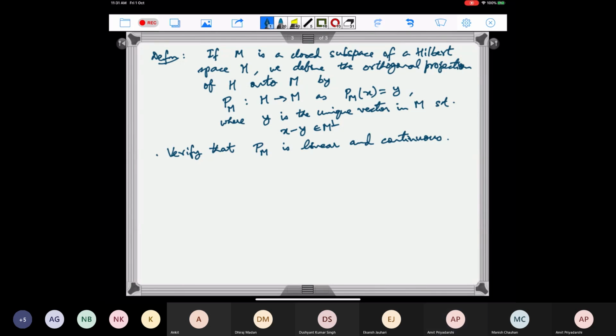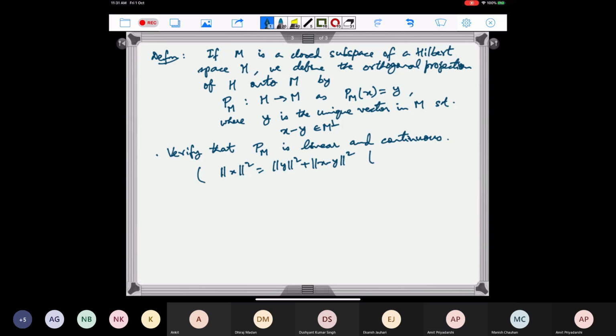So for continuity, if you look at the norm of y squared, because y and x minus y are orthogonal, norm of x squared is equal to norm of y squared plus norm of x minus y squared.